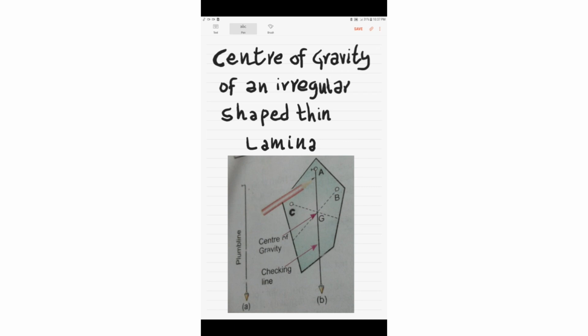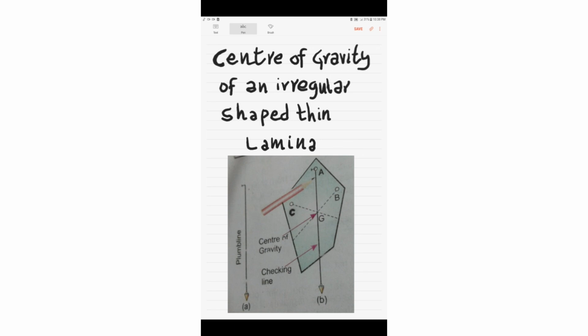Fix a nail on a wall. Support the cardboard on the nail through one of the holes, let it be A, so that the cardboard can swing freely about A. The cardboard will come to rest with its center of gravity just vertically below the nail.